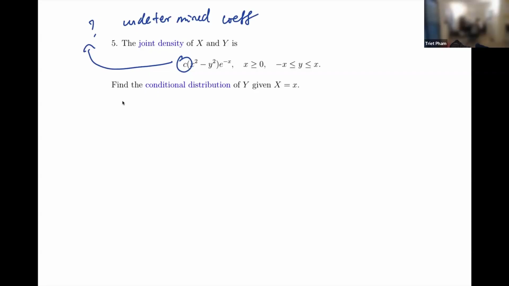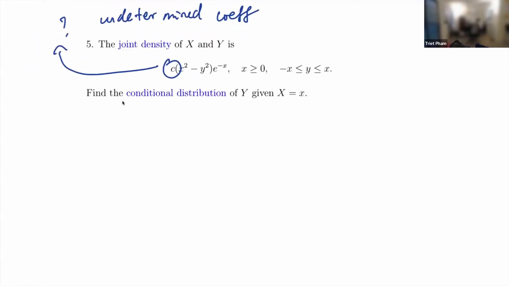And so you normally think, in this kind of question, you have to find C to even start working, right? Because if you don't know the joint PDF, how do you work? The answer is actually you don't. If you want to find the conditional density of Y, this C will cancel out anyway. So that's the nice thing.